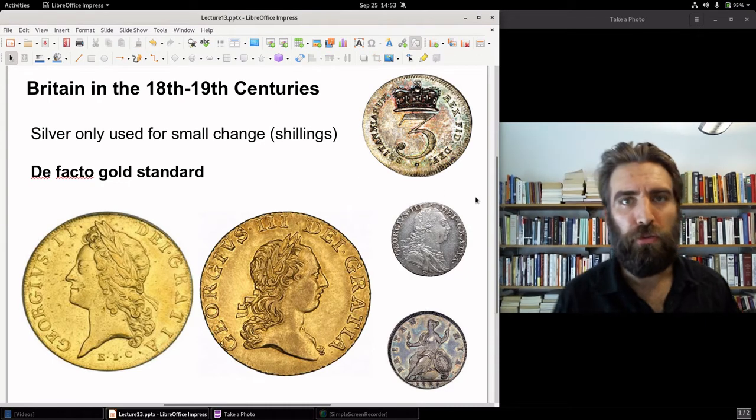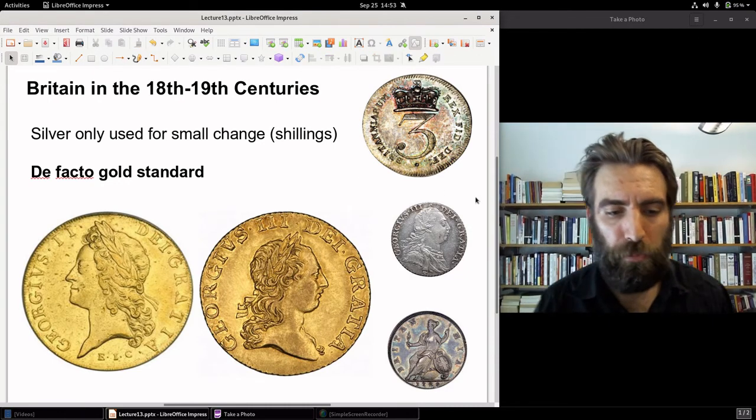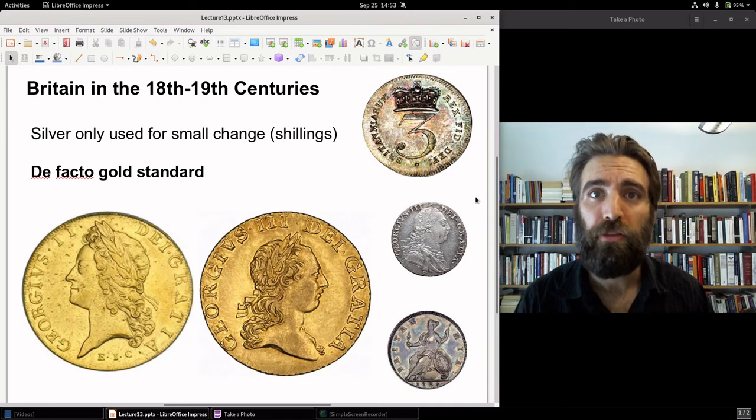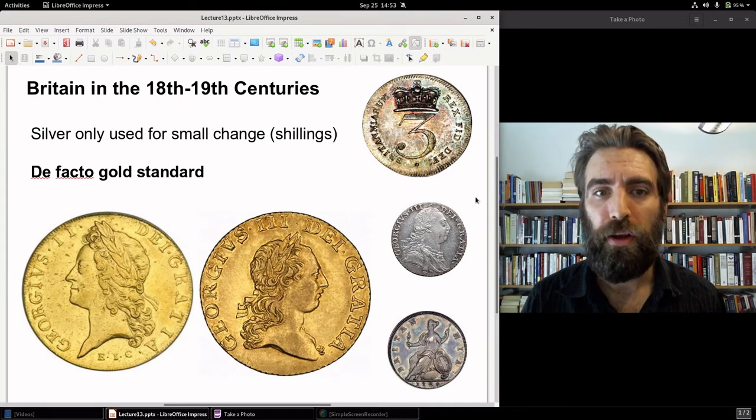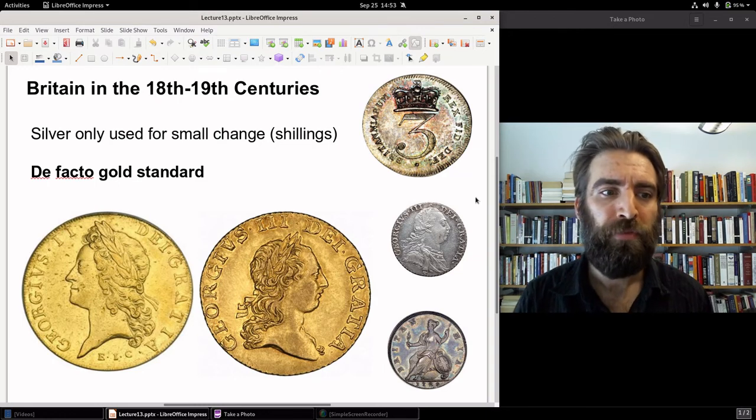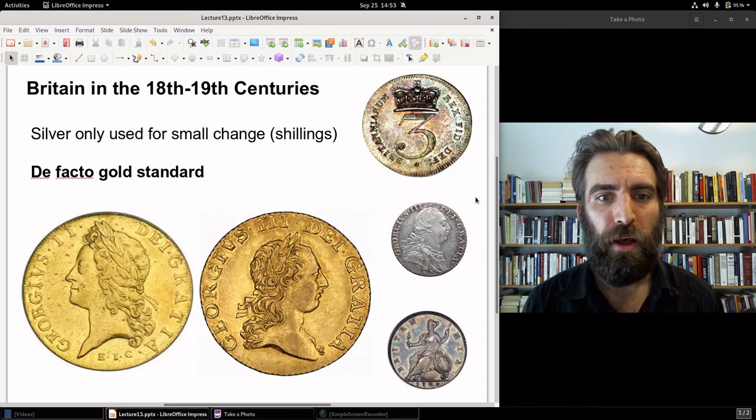So if you read Charles Dickens or any of the other great British authors, you'll hear them talk about shillings. Those were silver, but they were the equivalent of spending a few dollars in our economy today.